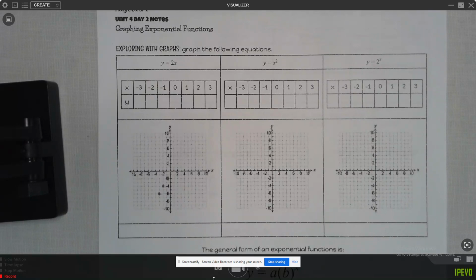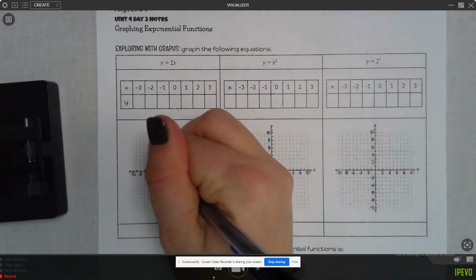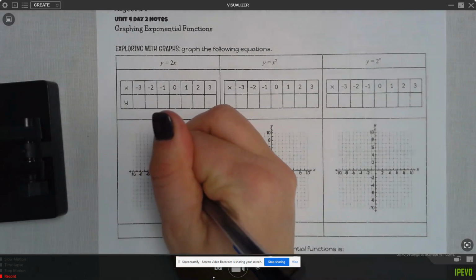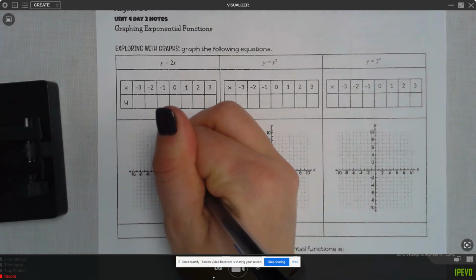Where did I get the 2 from? Y equals 2x. Does anybody remember what that number in front of the x is? It starts with an S. Slope. It's your slope. Remember, we can get our slope. So from each point, you're going to go up 2 over 1, up 2 over 1, up 2 over 1.